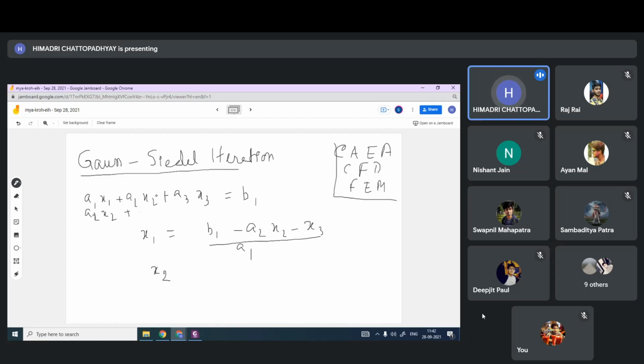P1 minus A3x3, right. Similarly, you have the coefficients A1 prime, A2 prime x2, A3 prime x3 equal to B2. Now, next step, you solve for x2.